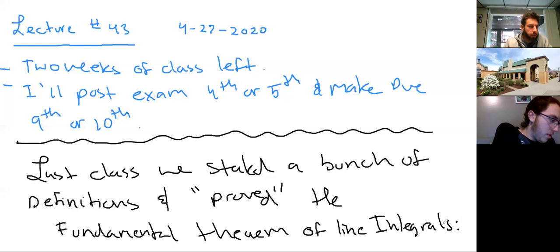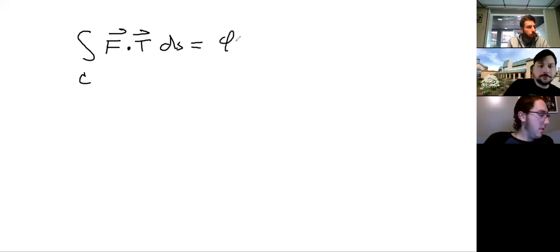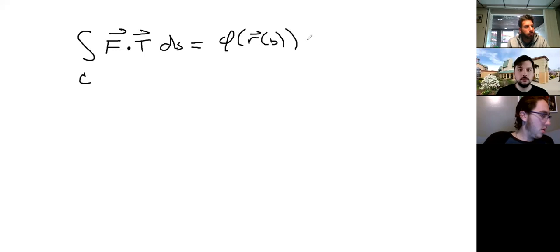So let's remind ourselves what this formula is saying. It says the following. It says that in some situations, a line integral of a vector field, which we know looks like this, can be reduced to the following computation.